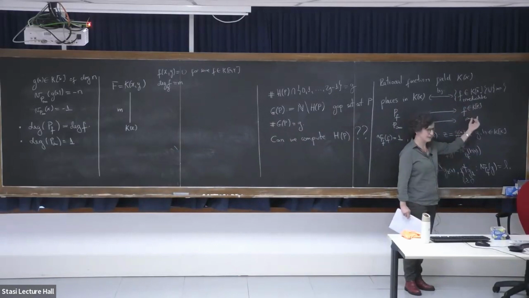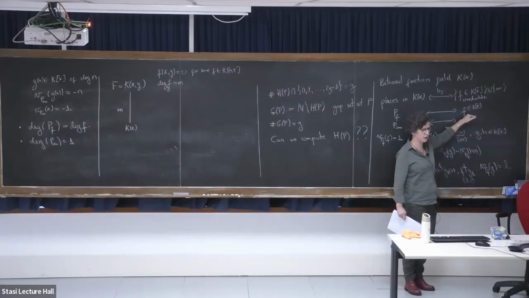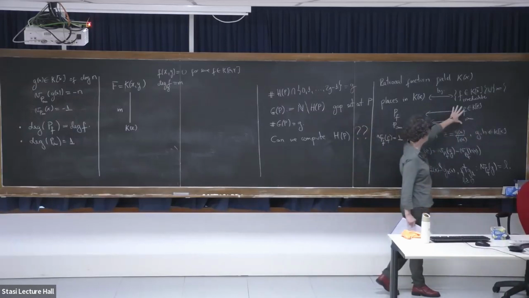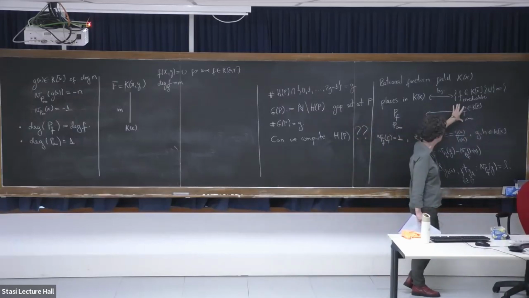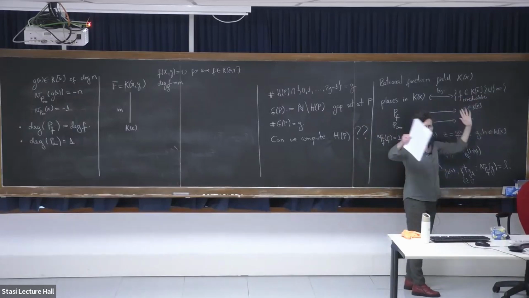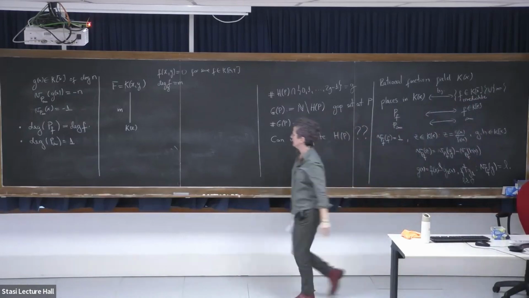We have exactly Q from the polynomials of the type x plus alpha for alpha in F_q, and one more. This is the number of places of degree 1 over a finite field. It's a finite number. But if K is algebraically closed, we have an infinite number of places of degree 1.